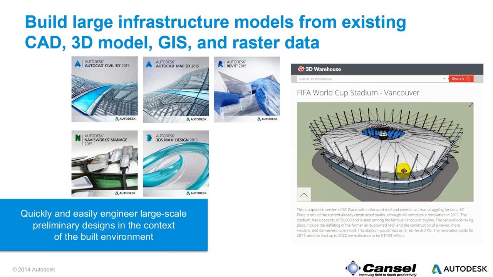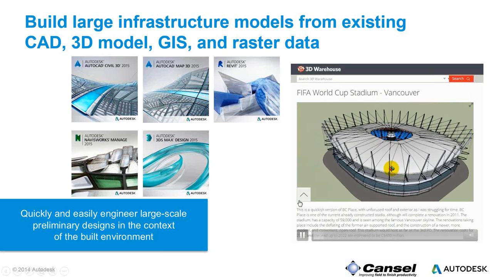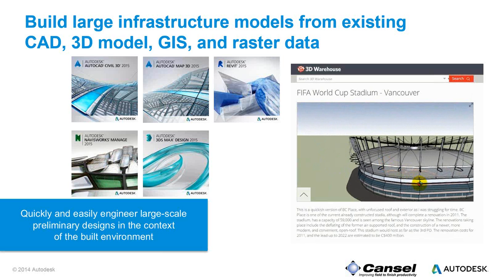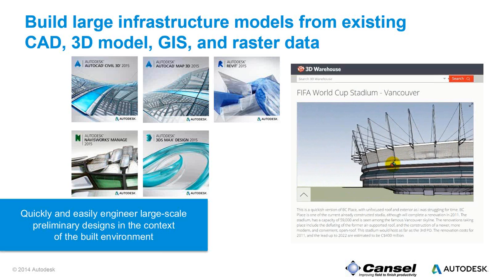Other types of data that you would normally include in a rich model are buildings. So what you see on my screen is BC Place. I'll just hit the play button on my video here. This BC Place model I downloaded from the Trimble 3D Warehouse.